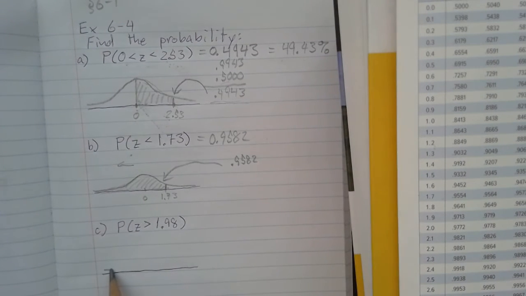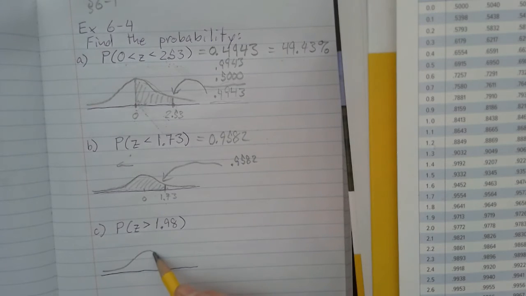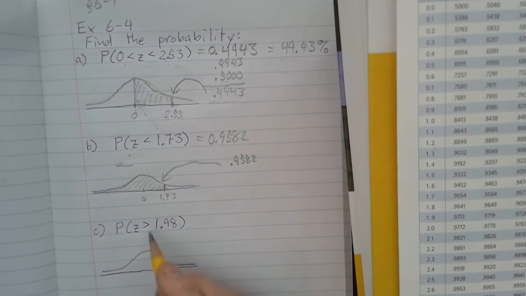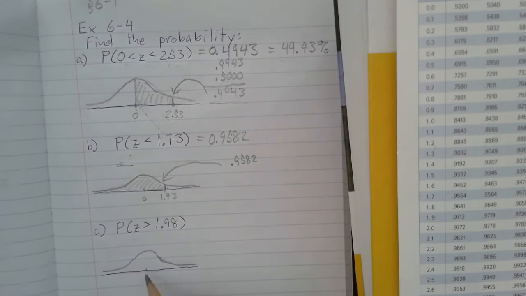In part C, notice that this one is a right area, but I was just thinking about it ahead of time. I wouldn't know it just to look at it. So what does this one say? Here is 0 right in the middle. We'll identify that critical value, 1.98. That's approximately where it is.